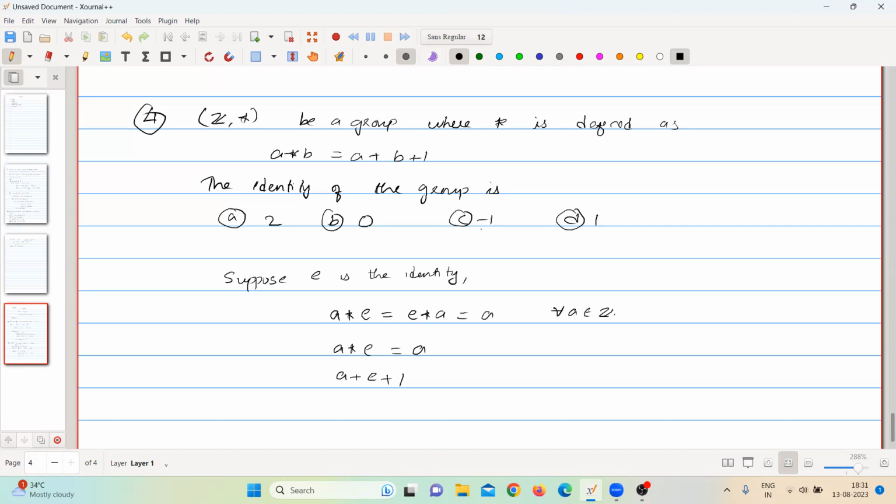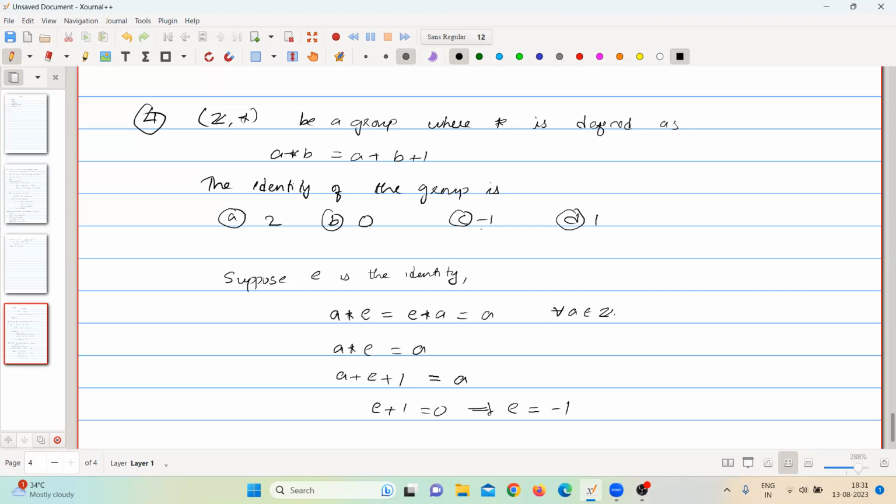So A plus E plus 1 is equal to A. Our aim is to find the identity E. Here the addition is the usual addition, so A and A will be cancelled. E plus 1 equal to 0, that implies E equal to minus 1. So here the identity element is minus 1.